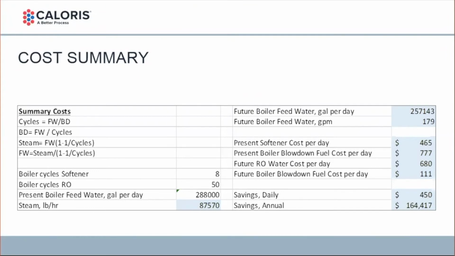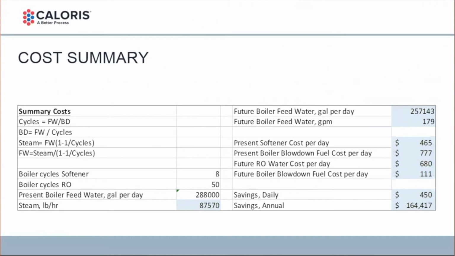In the future, because we're doing 50 cycles, we're only going to need 257,143 gallons per day. That corresponds to boiler feed water for that RO of 179 GPM. So we'd probably just purchase a 200 GPM RO.